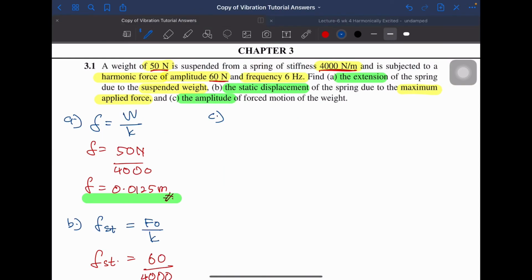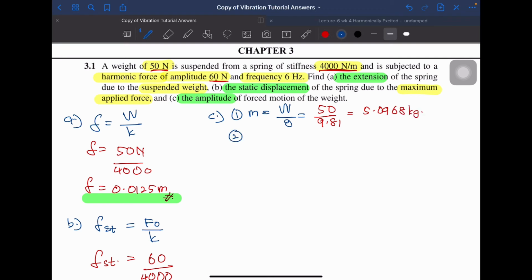If you want to use that formula, we already have the static deflection, but we still don't have omega and omega n. So first we find omega n, and in order to find omega n, we have to find the mass first. So the first step is to find the mass. Mass equals weight over gravity, which is 50 divided by the gravity 9.81, and your mass is 5.0968 kilogram.